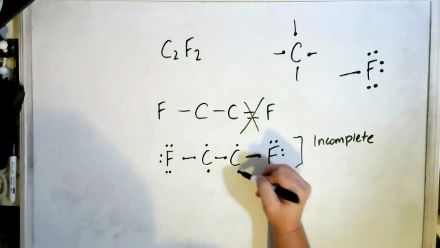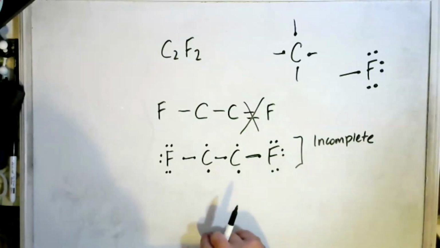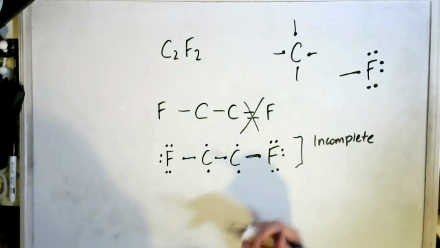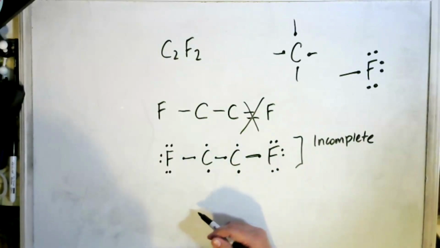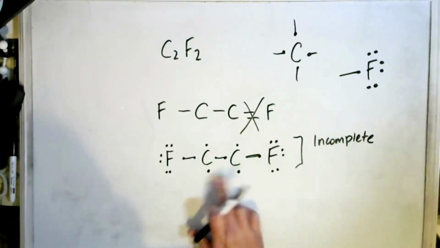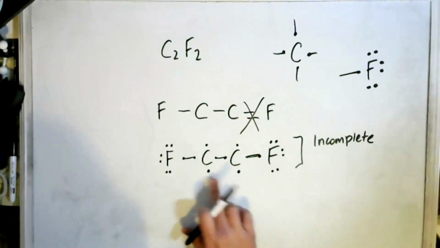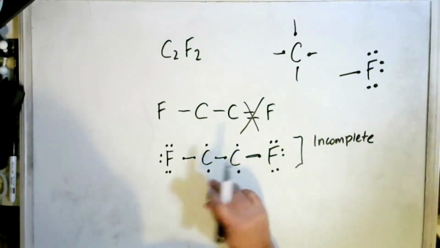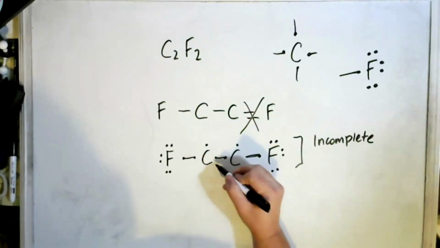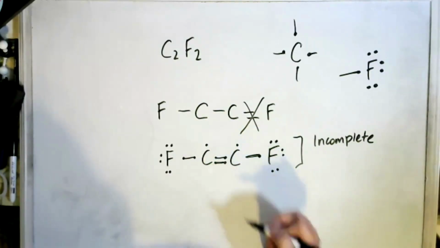It's still not going to have its complete octet. And so we have to represent the structure where carbon gets to have its full octet too. And so carbon has to take these single electrons, and it's going to move them over so they're positioned here. They can form a bond.